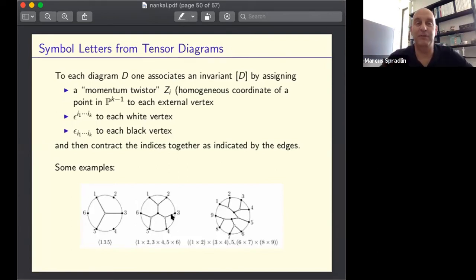And so this computes for you an invariant associated to each diagram. And there are 3 examples listed here using some notation that's more or less obvious in this case, but you saw similar types of expressions in Anastasia's talk when she was enumerating symbol letters. Now there's an important detail here that when k is even, these rules do not fix the overall sign of the invariant, and there's an important detail there, but let me skip that for the moment.